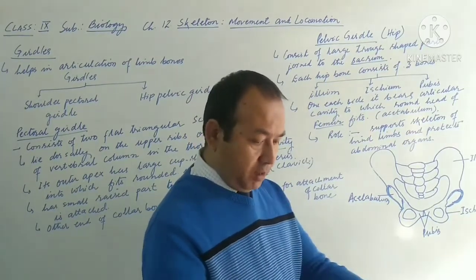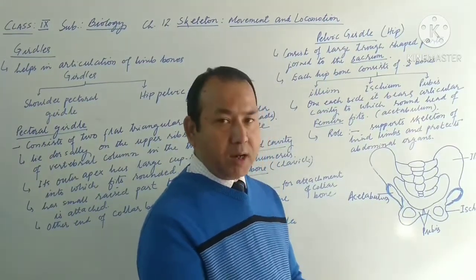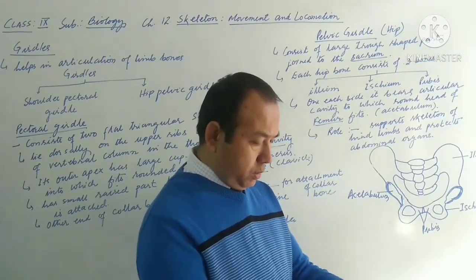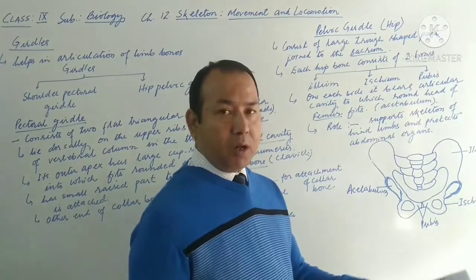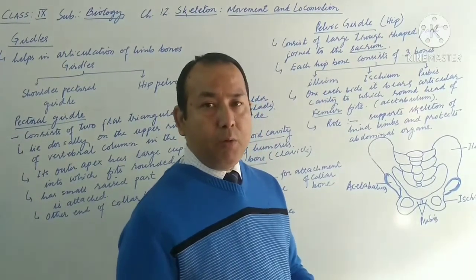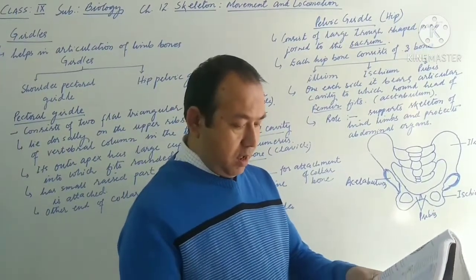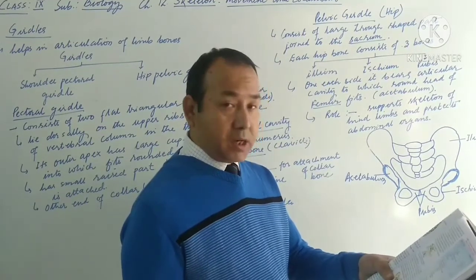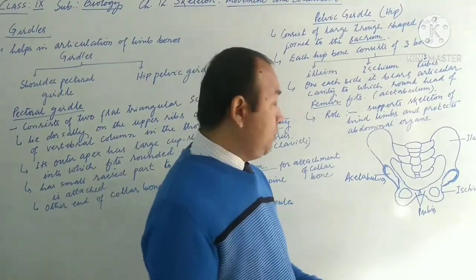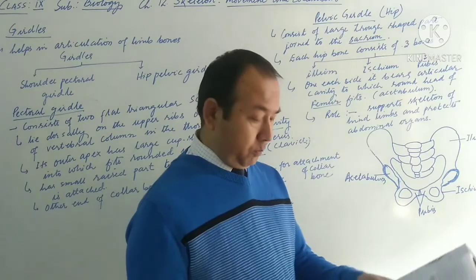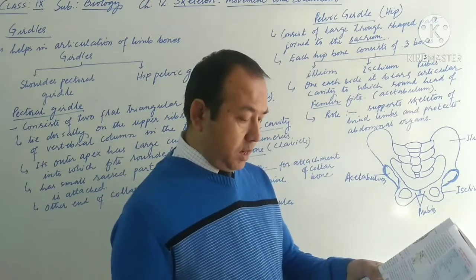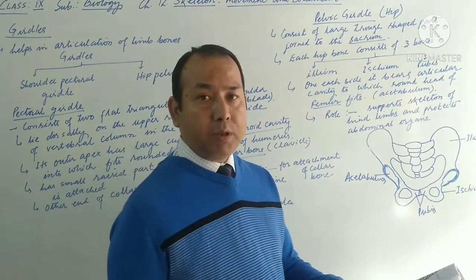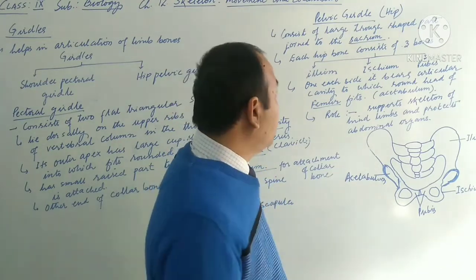The same point is given in the book, page number 121. You can go through it. It says that the pelvis or hip bone of female is usually wider and trough shaped, mainly in order to accommodate the fetus in the uterus during pregnancy.